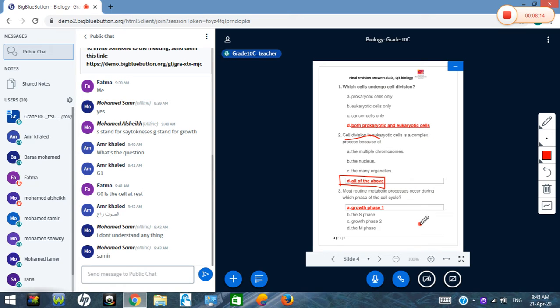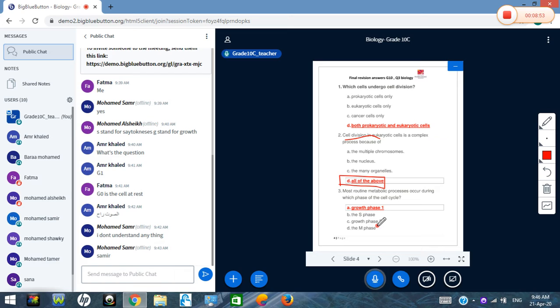Number 3, most routine metabolic process occur during which phase of the cell cycle? Metabolic process, or the cell preparing for the rest of the process or the division, during G1 or growth phase. As your friend Fatima explained, in the S phase, duplication of DNA, making a new copy of DNA.